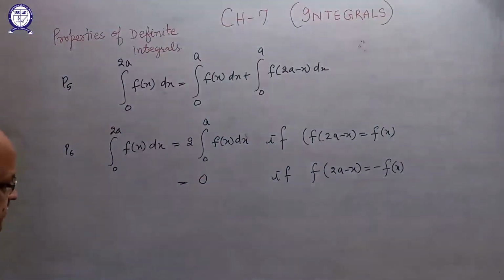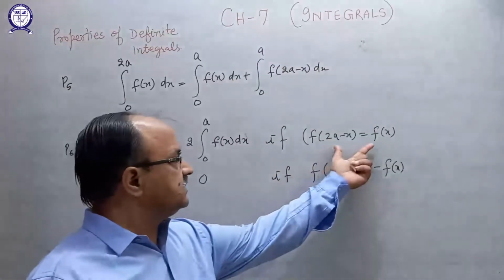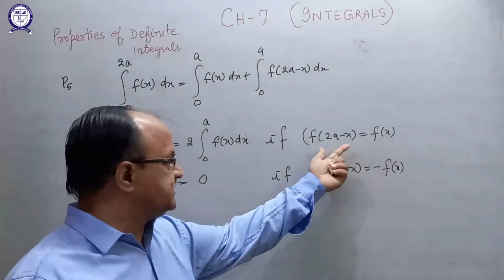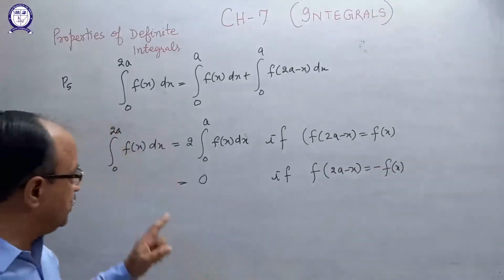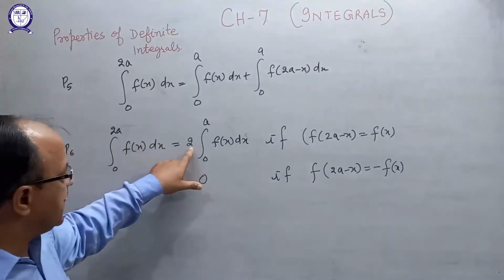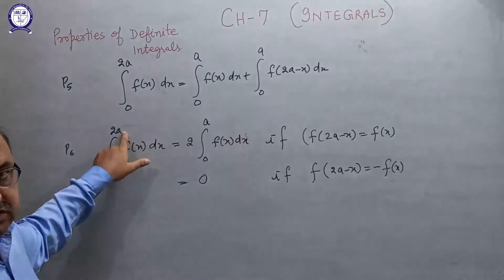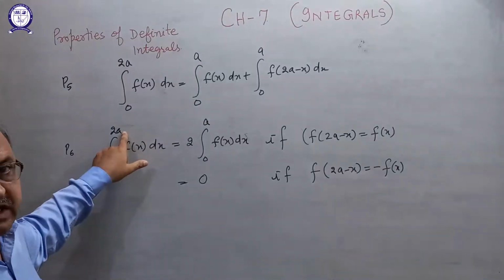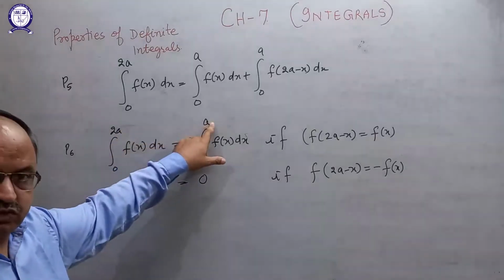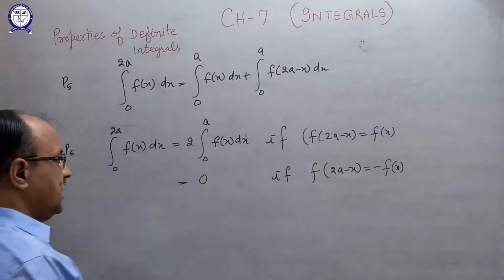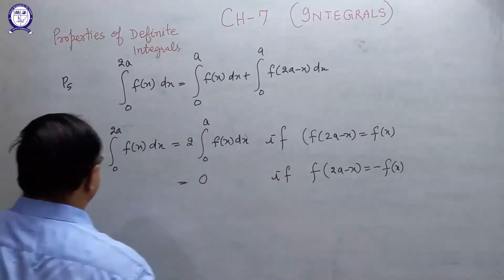Firstly check f of 2a minus x is equal to f of x. Then you can convert the question, write it 2 and limit 0 to a. It means the half of this portion. If you have 2a, then you can write a. If you have pi, then you can write here pi by 2. Clear? And if f of 2a minus x is equal to minus f of x, then you can write 0.